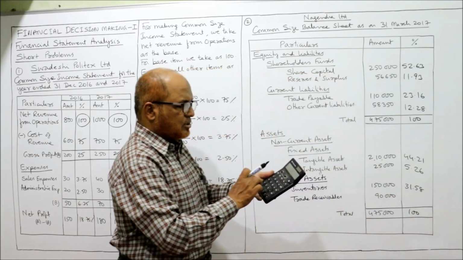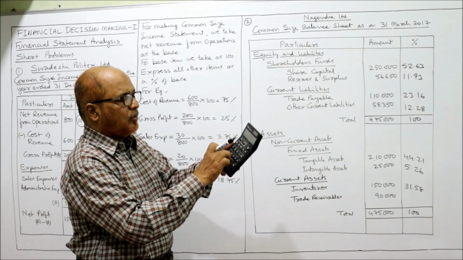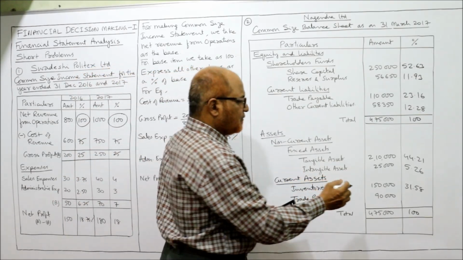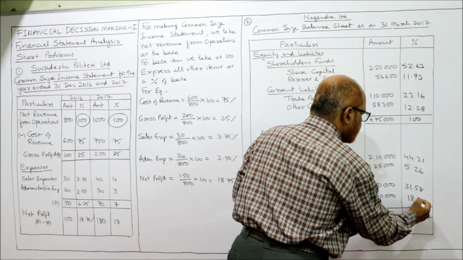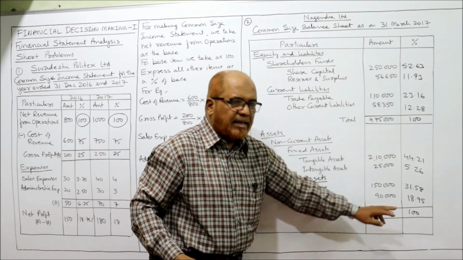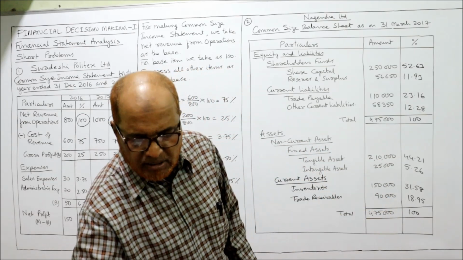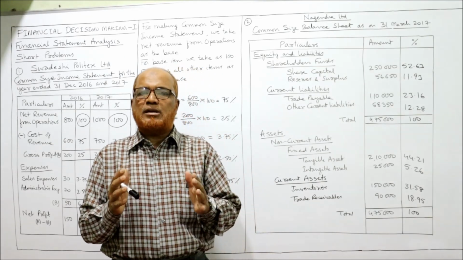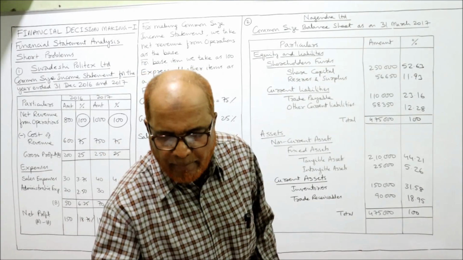Last one, 90,000 divided by 4,75,000 into 100, you will get 18.95. That's all. If you add up the total, you will get 100%. This is the method of making common size income statement and common size balance sheet.